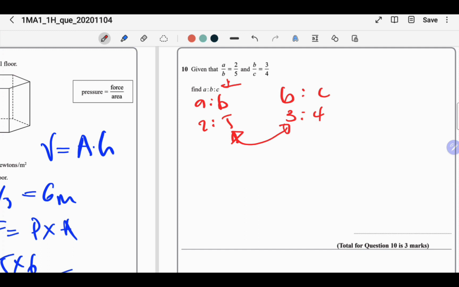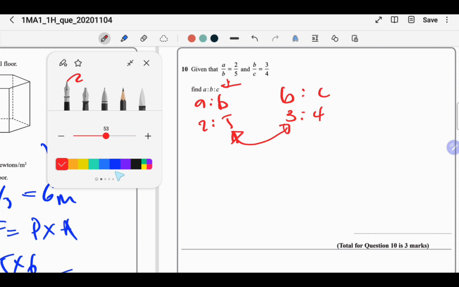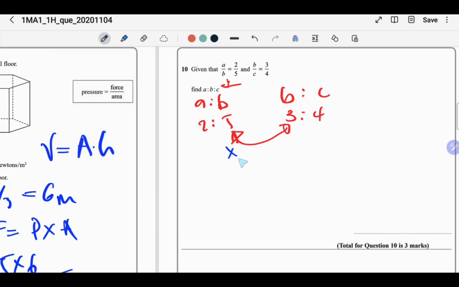And what do you do? You simply cross multiply them. Okay, so you're going to multiply this side by 3, multiply this side by 5. And if you're multiplying 5 by 3, please make sure you're multiplying 2 by 3 as well. So it's going to be 6 is to 15, and then here it will be 15 is to, multiply this by 5, that will be 20.